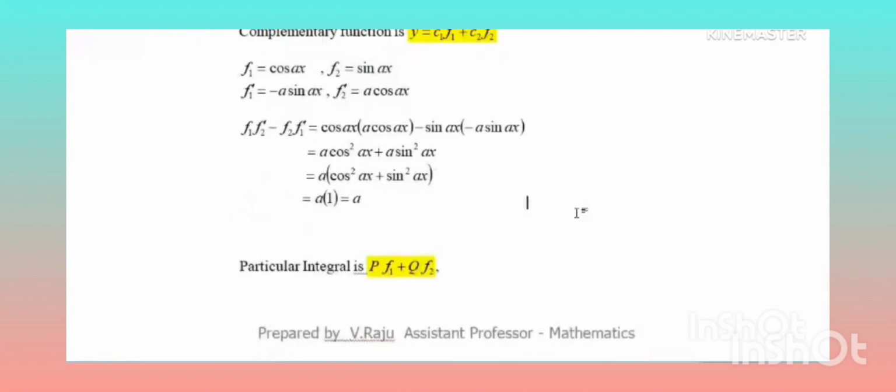The particular integral is P f1 plus Q f2, where P is given by the formula I told you: minus integral f2 X divided by the Wronskian dx.